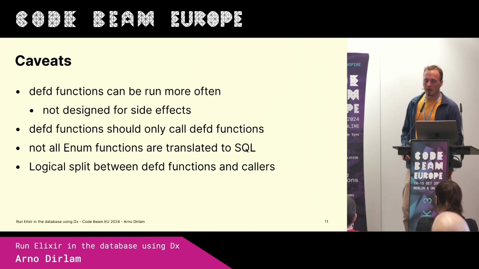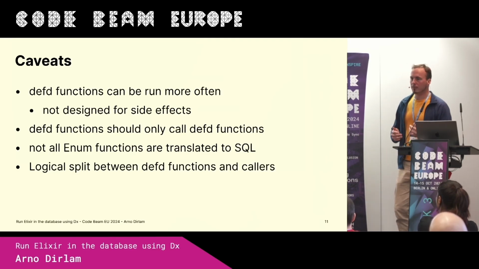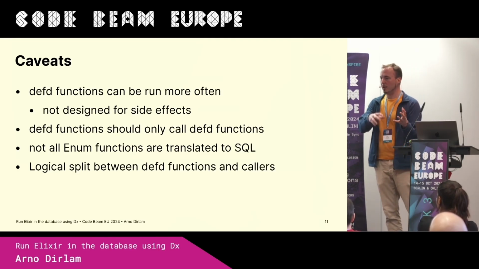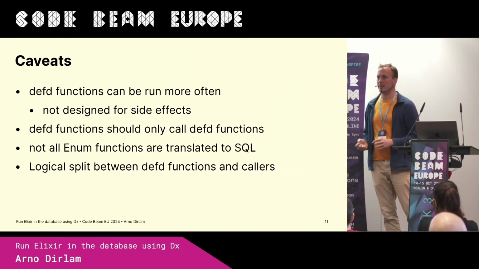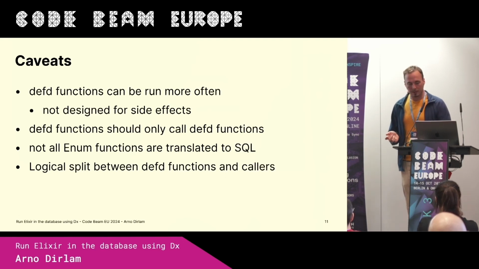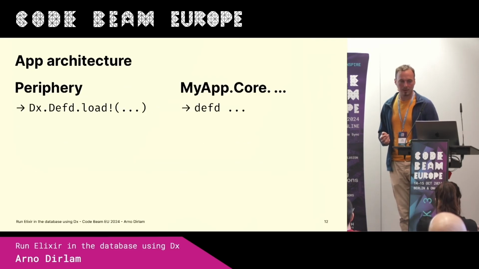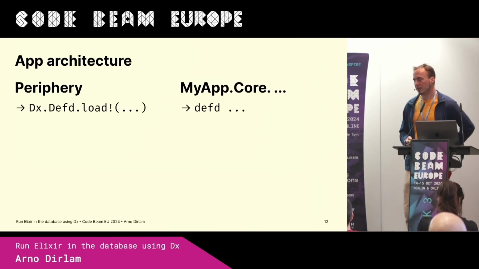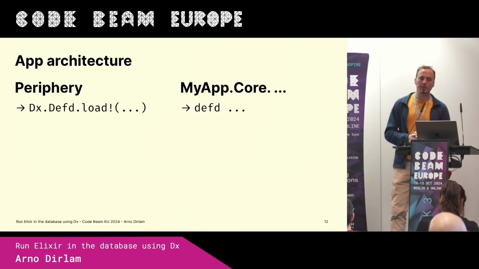And it's good to keep in mind this logical split between the defd function where you define your logic and the entry point where you call it, as I mentioned. But this is actually a nice thing, I think, because it helps you structure your application as well. So here's a suggestion that comes from the hexagonal architecture concept.